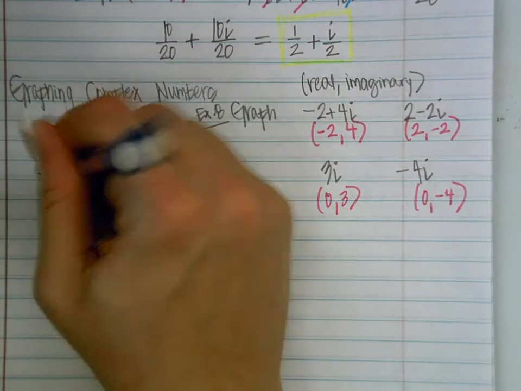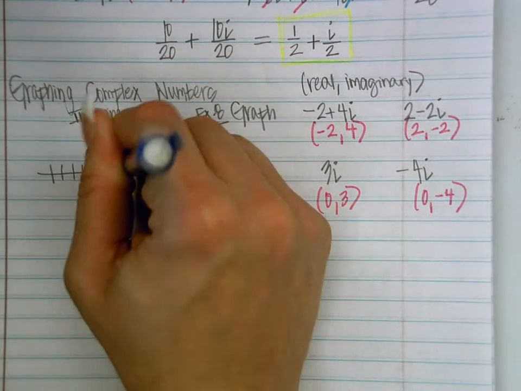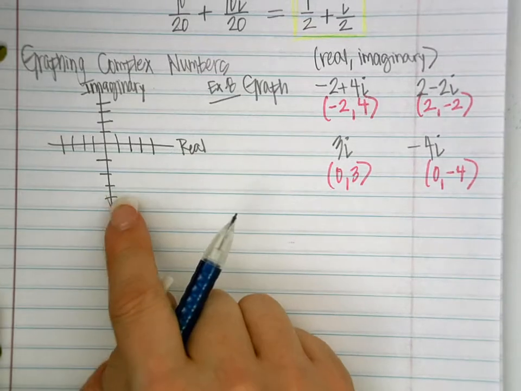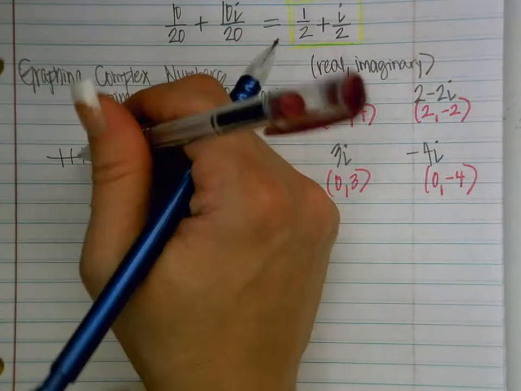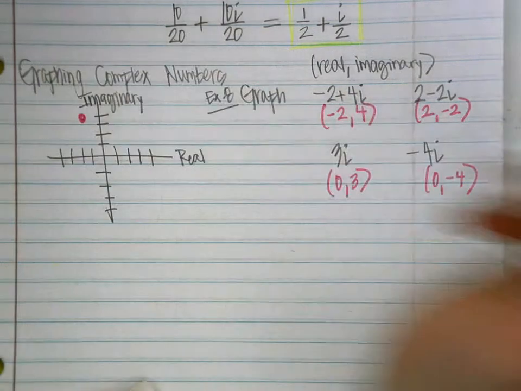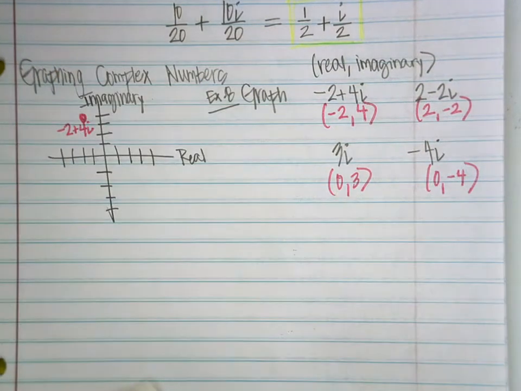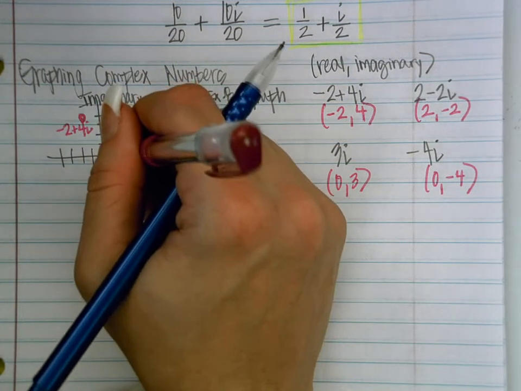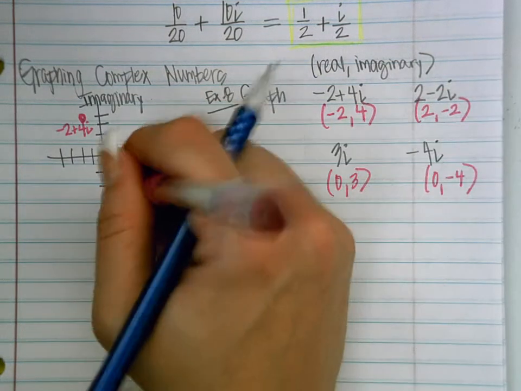So we're going to put 4 spaces in each direction. And make sure when you're doing these that you label them as well. Okay, so -2, 4. Right here, this is -2 plus 4i. Then 2 minus 2i would be here. It's just like 2, -2. So this is 2 minus 2i.